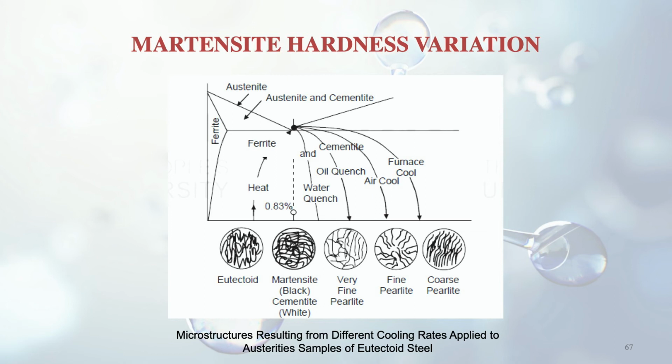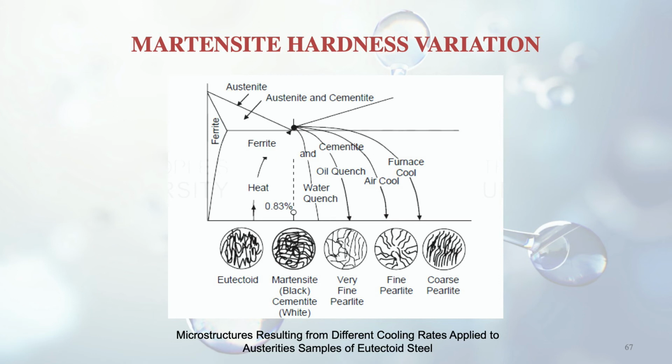Further we see the martensite, and there is very fine perlite, fine perlite and then coarse perlite. So it all depends on the cooling rate. See the arrow curves.